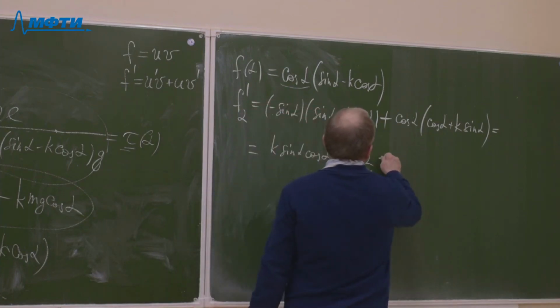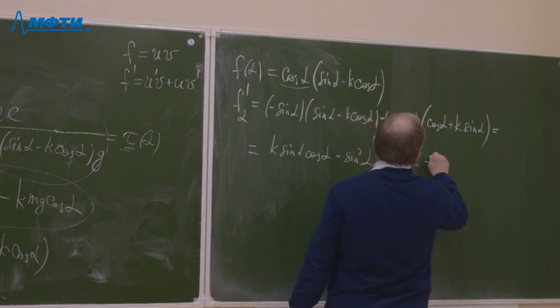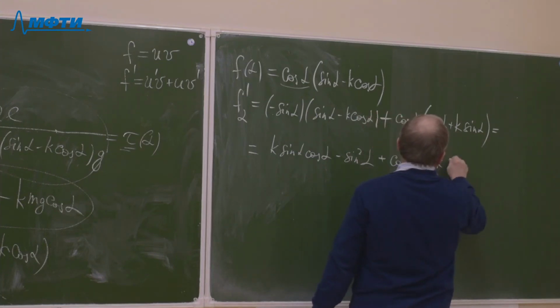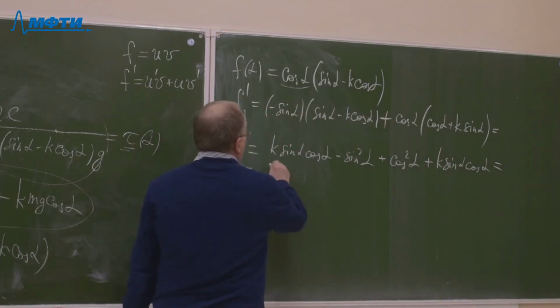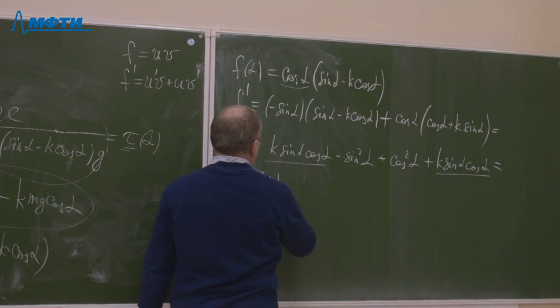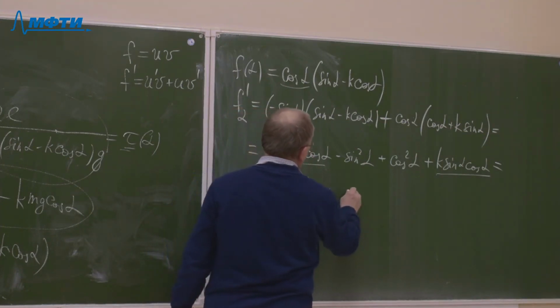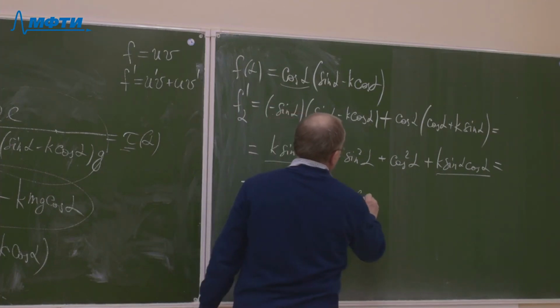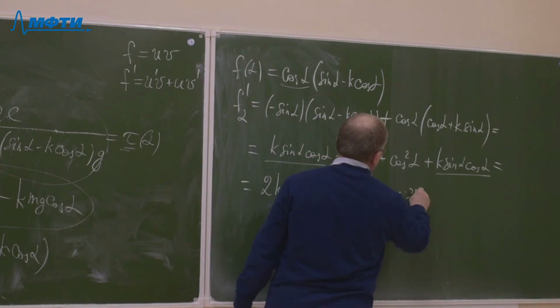And here I have plus cosine squared alpha plus k sine alpha cosine alpha after opening the brackets. This term and this term will give me 2k sine alpha cosine alpha plus cosine squared, I will put it in this way, minus sine squared.